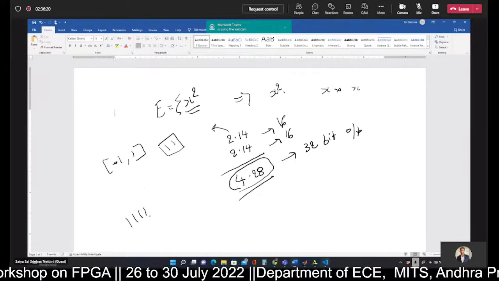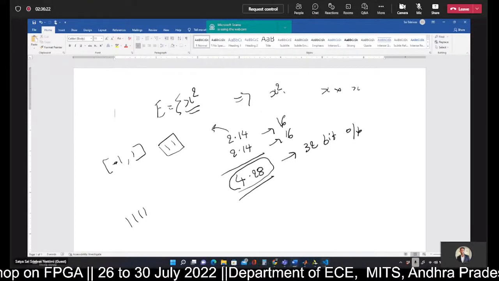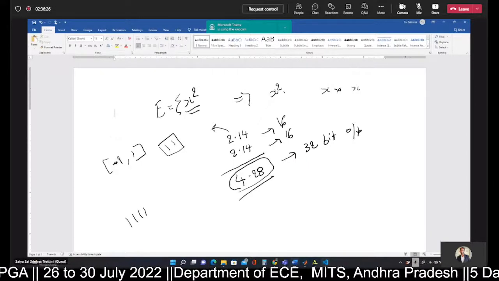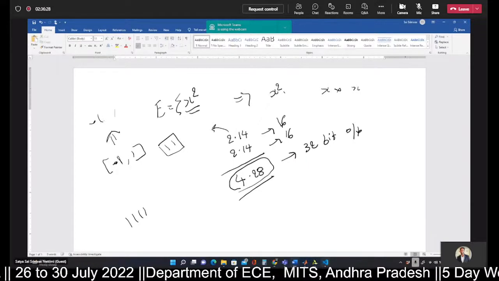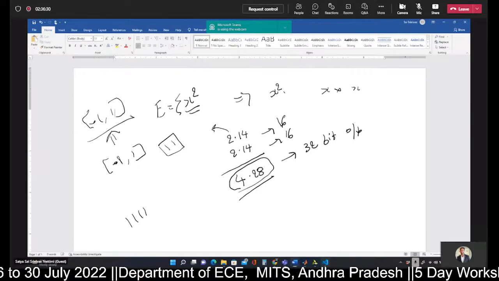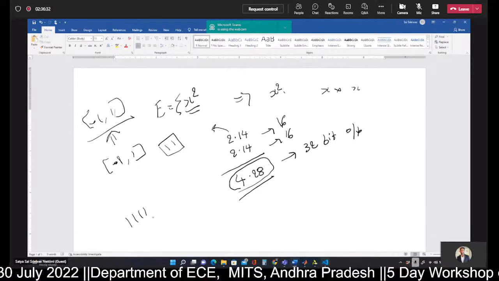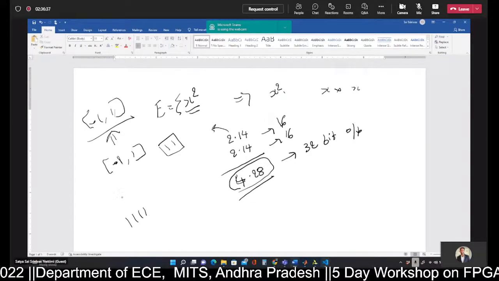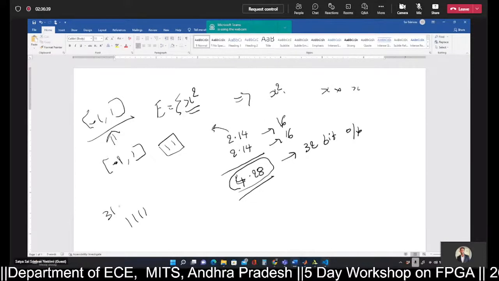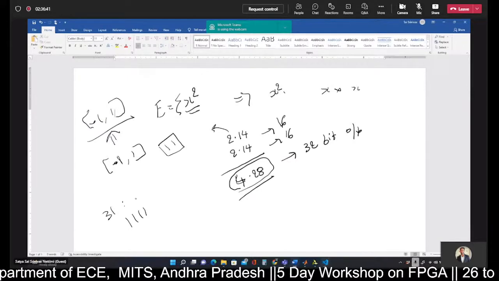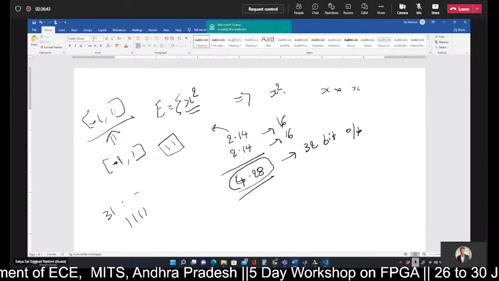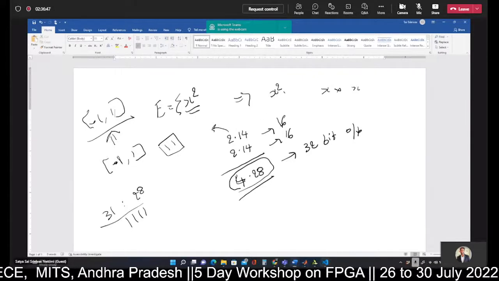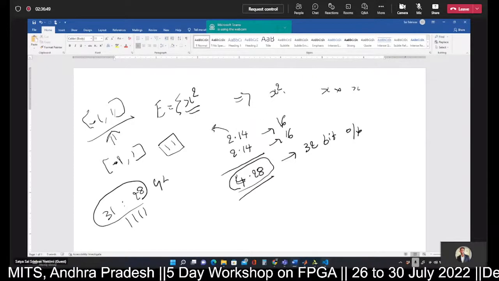In these 4 bits, if you clearly observe, when your input is in range -1 to 1, your resultant is also in range -1 to 1. I'm only talking about the first 4 bits, that is 31 down to 28. Only these 4 bits I'm talking about.